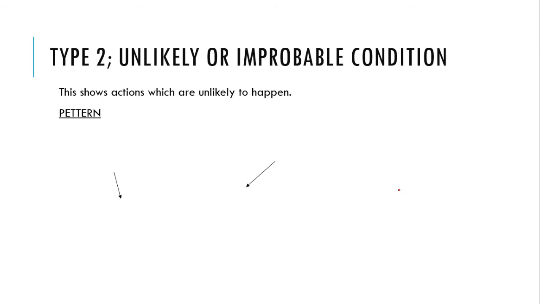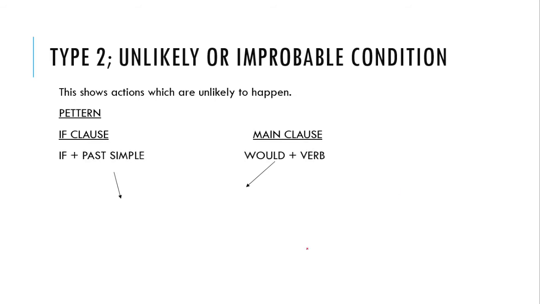So here we've got the pattern for the unlikely condition. In the if clause of the unlikely condition, we have if. So the if remains because it's the condition word. It's the one that shows the condition. So it remains, students. So we have the if plus past simple.